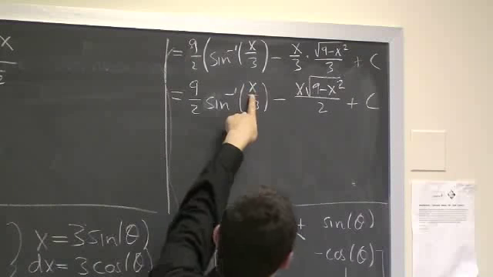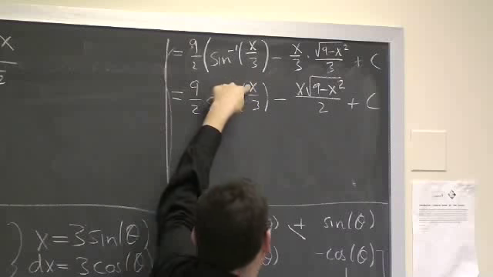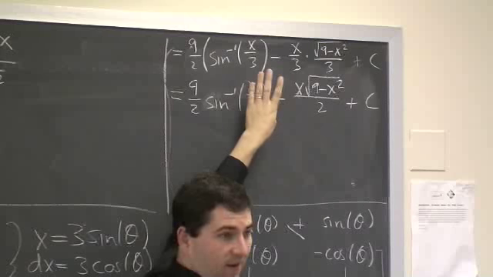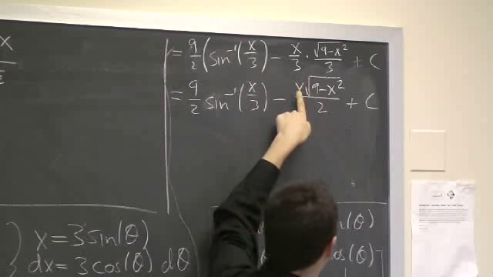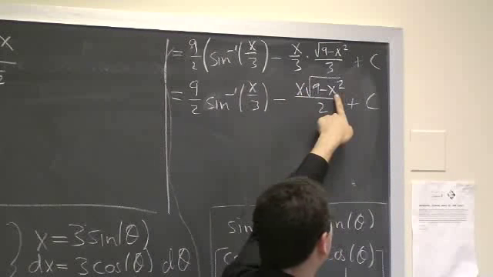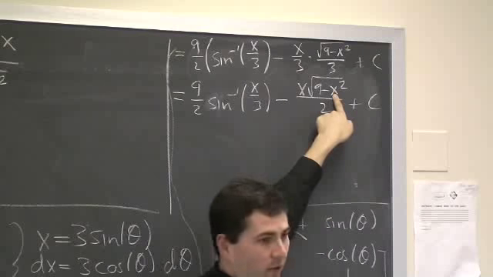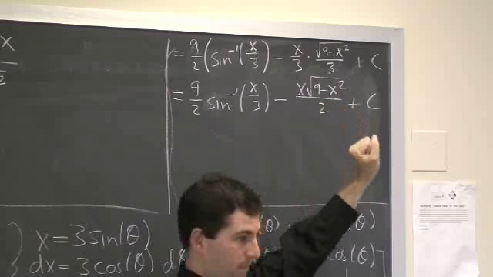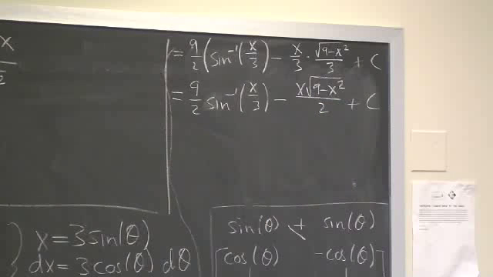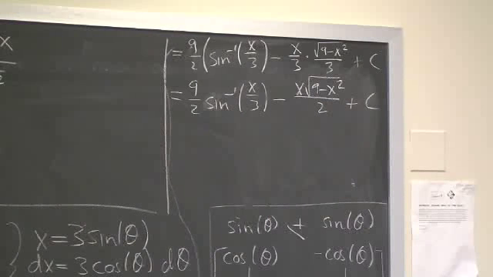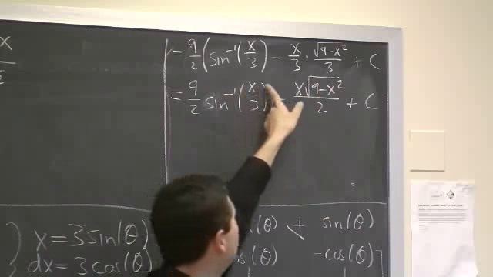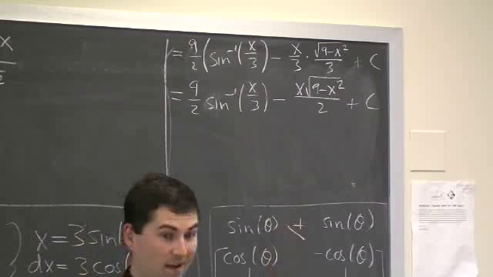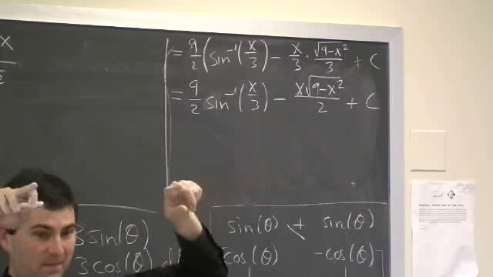Now, what's really cool about this integral? Well, I can put any real number into arc sine here, it's not going to break the function. And same thing over here. I can put anything in for x, as long as x isn't bigger than 3 or less than minus 3. And since in the end I just want to integrate between minus 3 and 3, nothing outside of that, this function is continuous, not just from minus 3 to 3 with parentheses, but from minus 3 to 3 with brackets.